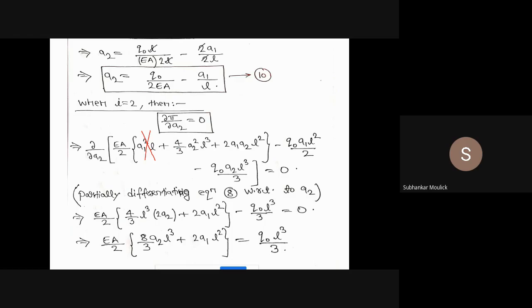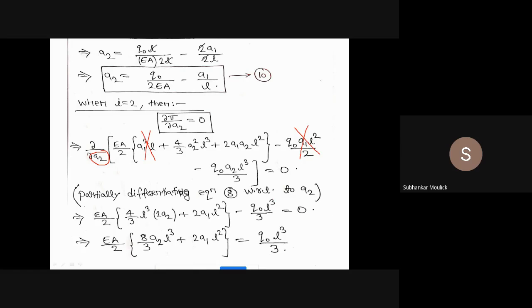So it will be 4 by 3 into 2 times A2 into L cube, plus 2 times A1 into L square. Again, I will not take this expression because I am partially differentiating with respect to A2. Then I will differentiate this expression, that is minus Q naught L cube by 3 equal to 0.